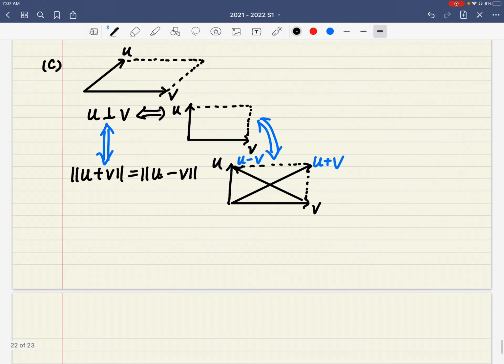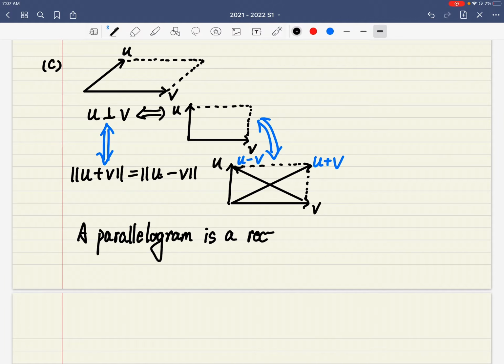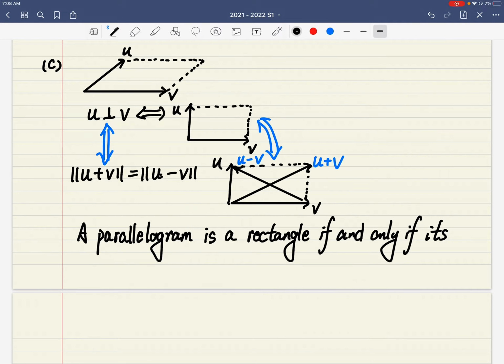If you put it down in words, a parallelogram is a rectangle if and only if its two diagonals are of the same length.